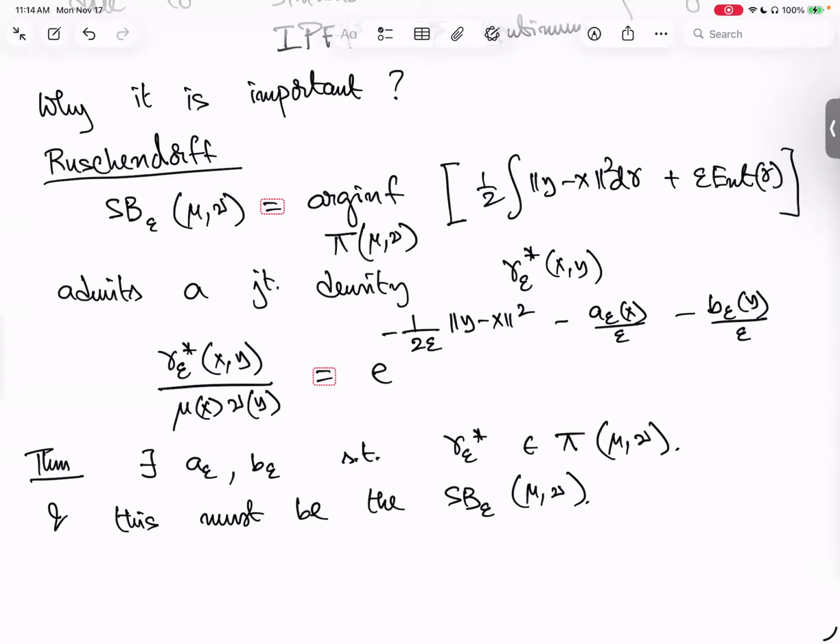So last time we argued why, if it does exist, one of these a epsilon, b epsilon, this must be the Schrodinger bridge.